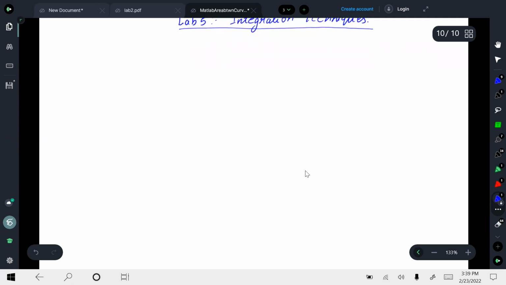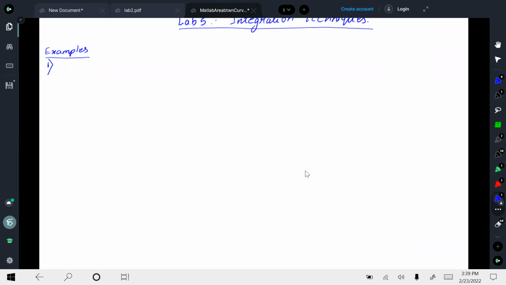Okay, so first example. All these are example problems. Remember, these are not the same exact questions from your lab manual. These are just example problems similar to your lab manual. Okay, fine. So let me start with the last problem.